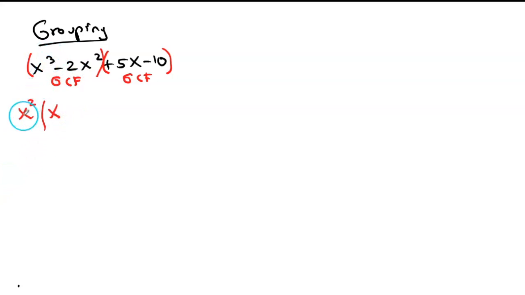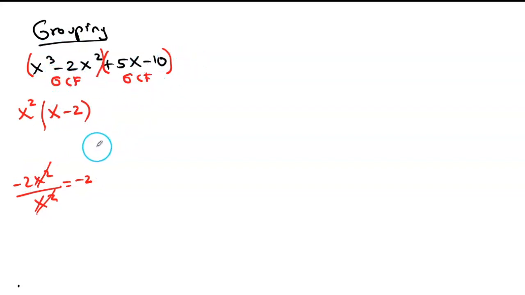Remember, you need to know exponents to do all this factoring. So check the video, please, about exponents. Next, negative 2x squared, my second term, divided by x squared. X squared from the top cancels from the bottom. What's left? Negative 2. And that's GCF from the first parenthesis.